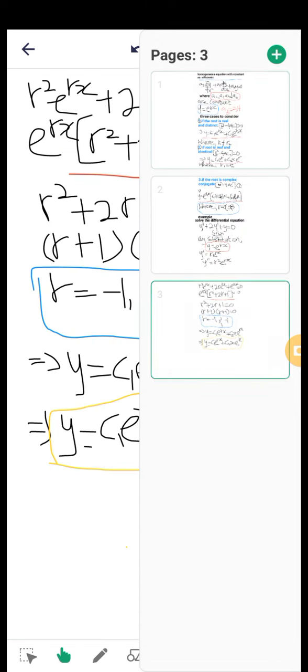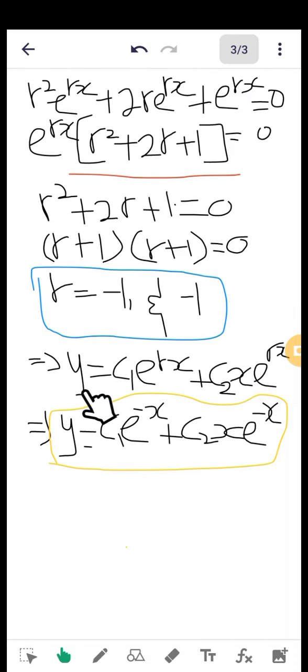Because the root is identical, -1 and -1, wherever you see r I will substitute -1, but in order to avoid repetition, we add x to the second term.